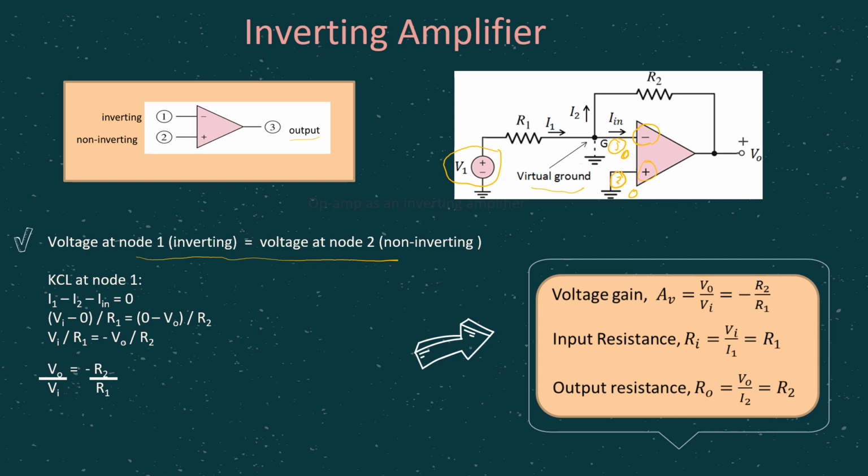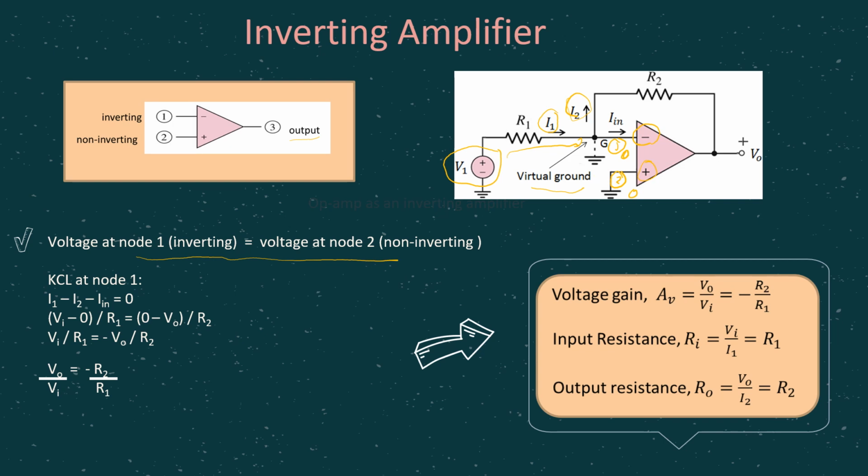Then another thing that you need to know is, remember, no current should be going into the op-amp. So when we have the voltage here, obviously there will be current, right? But strictly no current should be going into the op-amp. What does it mean? It means that I1 should always be equal to I2. Why? Because I in is 0.